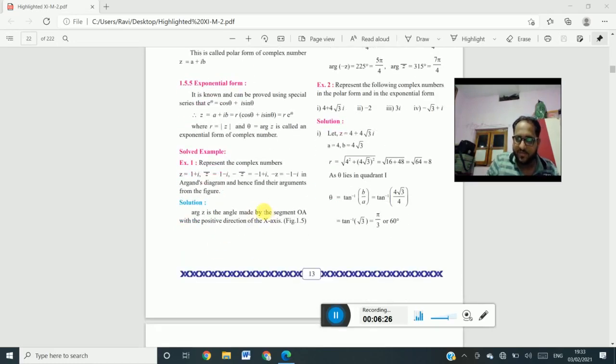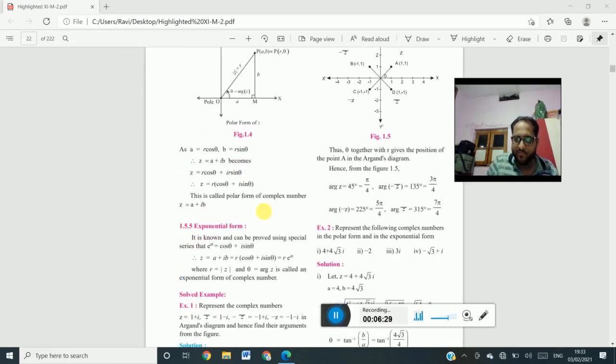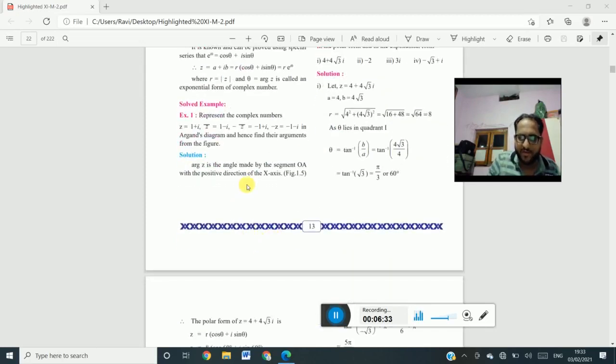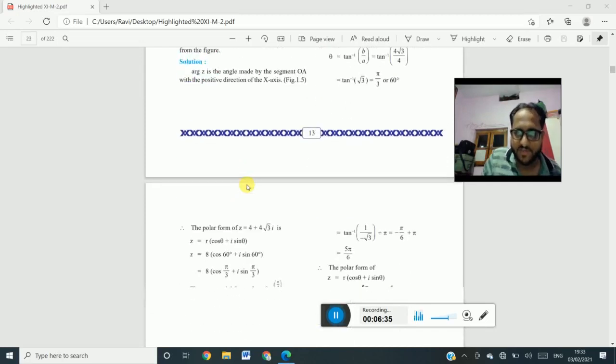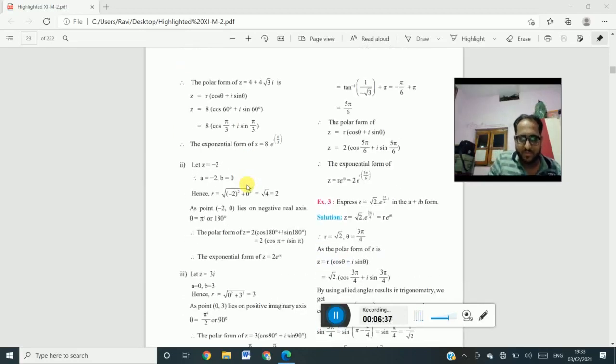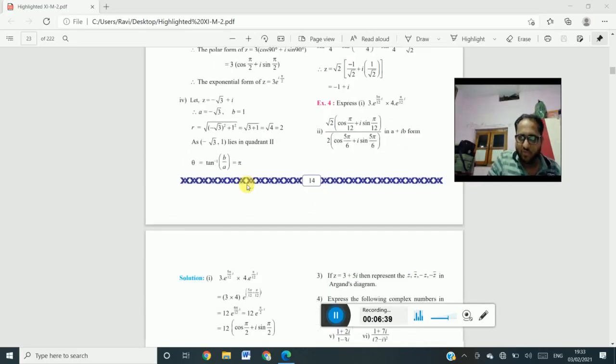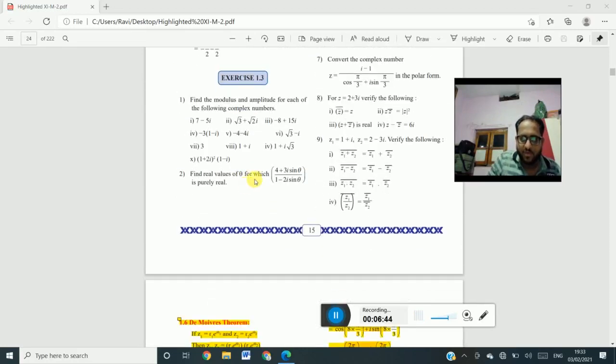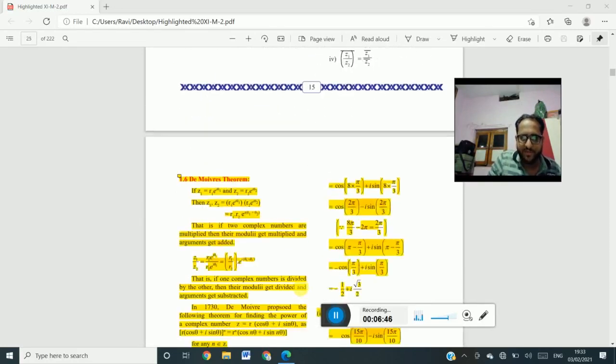So this is also not an important part, and these examples are also not important for your examination purpose, so leave this part for yourself. This is not an important part, leave it, okay?